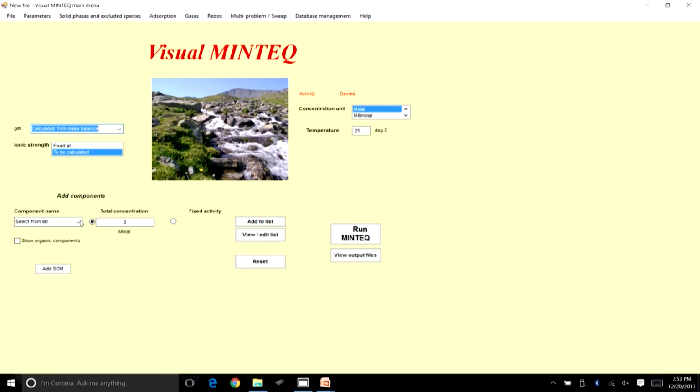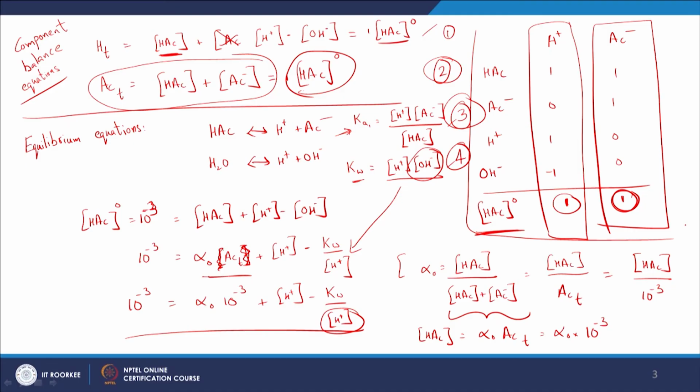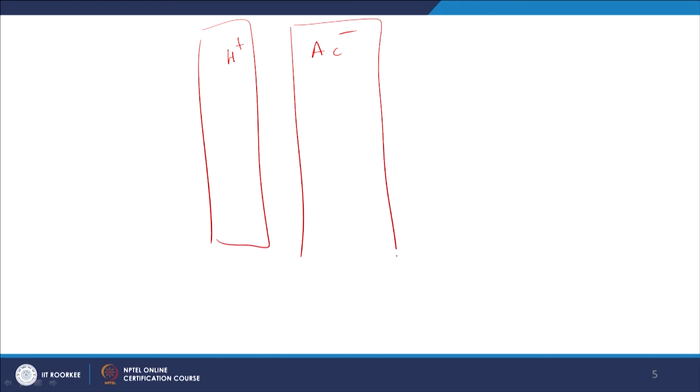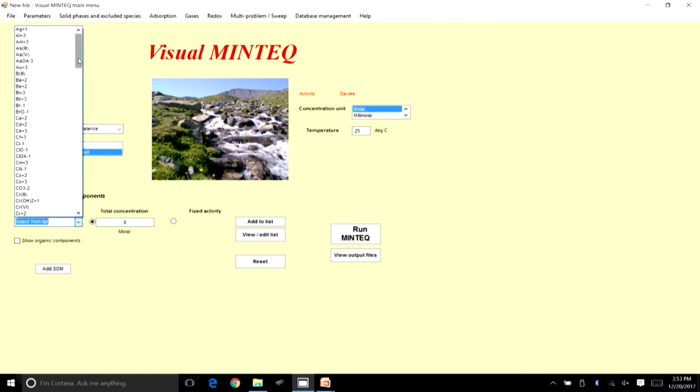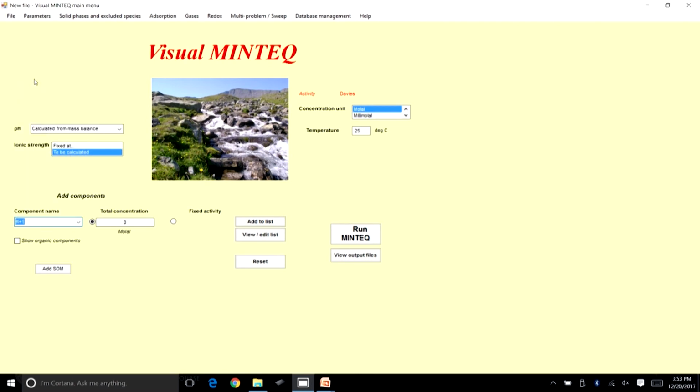So add components. For this I need to be able to look at the tableau. Let me look at my tableau. Here is my tableau in a shabby manner, so let me have that in the next slide. I have my tableau: H plus, Ac minus, and we had the relevant tableau here. My two components are H plus and Ac minus. Let me choose H plus, drag down, and go to H plus. The total concentration, H total, what is that equal to?